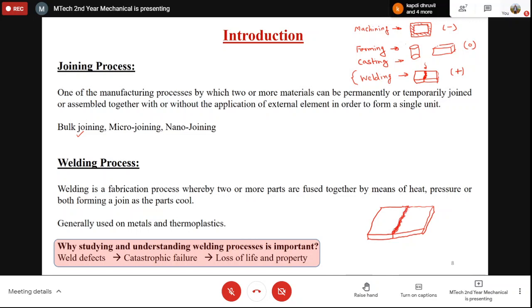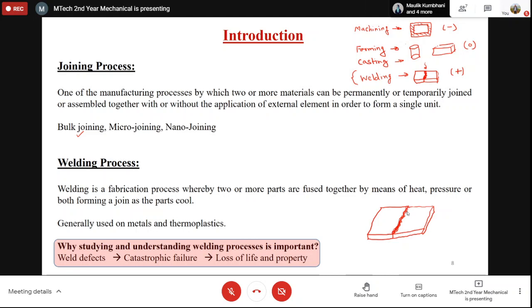When you are joining or welding them, after welding, they become one unit, a single unit. Now, when they are under service or performing their part, there may be application of load or some force or pressure acting on them. At that time we don't want our joint to break or fall apart.